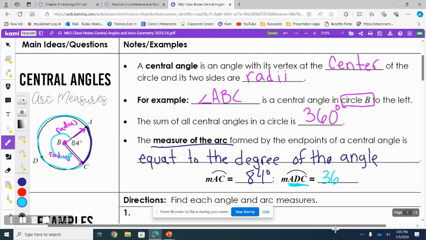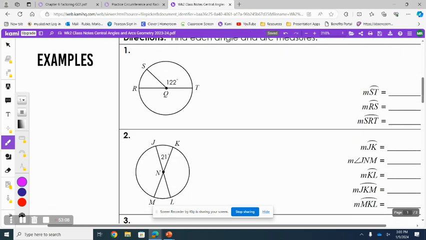Yeah, there you go, Hayden. It's 360 minus 84, which equals, yep, that's right. It's close, 276. 360 minus 84 is 276. Okay?